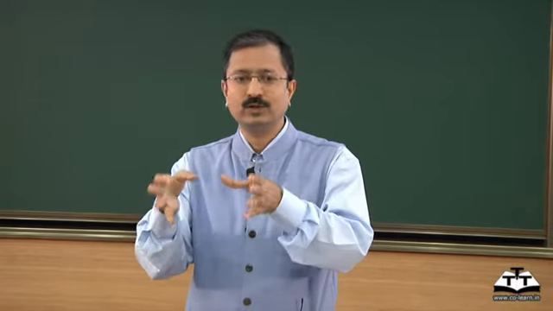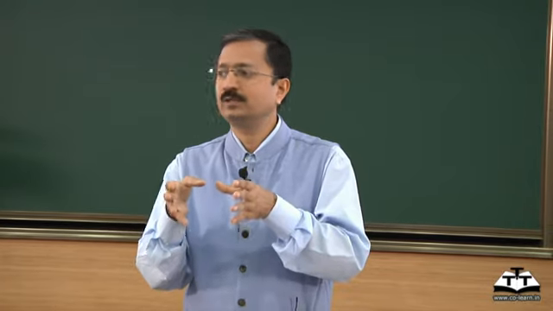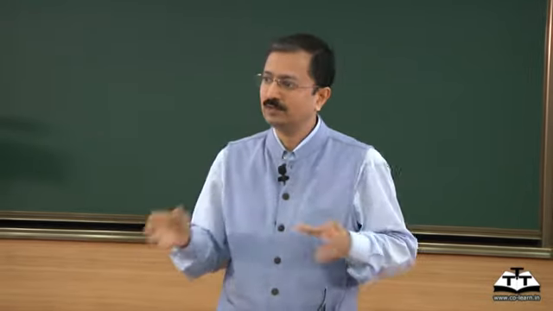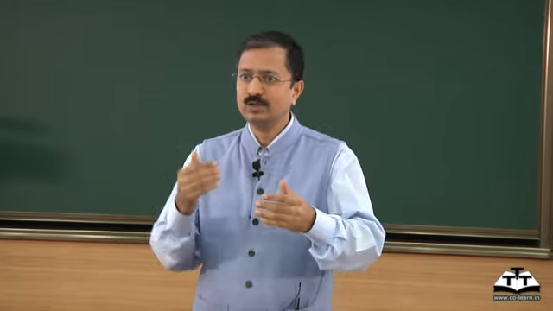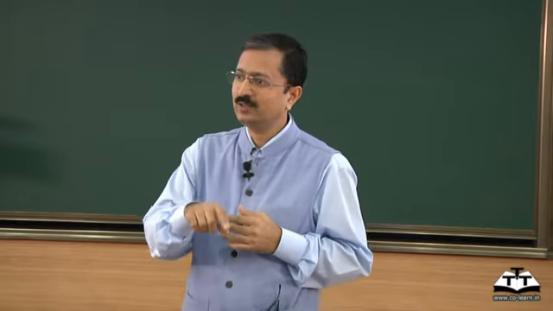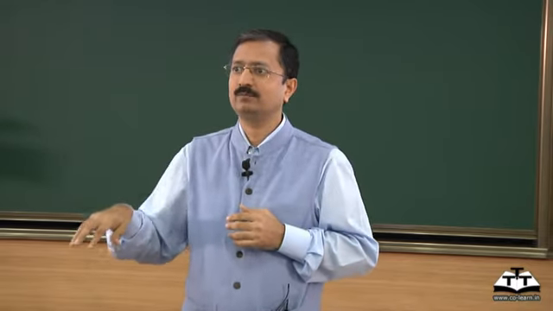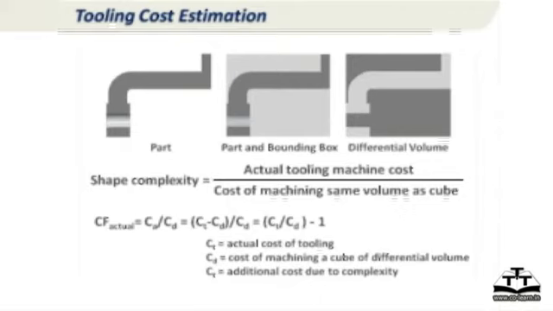So cost of machining a cube versus cost of machining a complicated shape with the same volume, that ratio is shape complexity now. This is my real practical shape complexity. What we did earlier was theoretical shape complexity in those 5 parameters. So I run the regression analysis by matching the 2 complexities, and therefore I get those coefficient values.